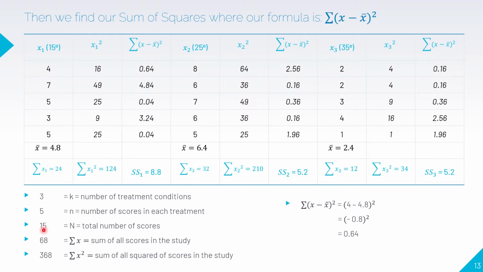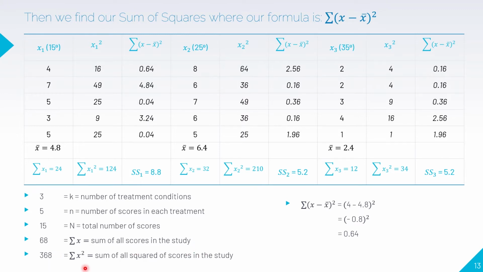So our summation of all scores in the study, we have to add all the summations of our studies, which is this one, and this one, and this one. So we have to add all of this. 4 plus 7 plus 5 plus 3 plus 5, we have 24. Same here in our second column, and same here. So we have 24 plus 32 plus 12, we have 68 as our sum of all scores in the study.